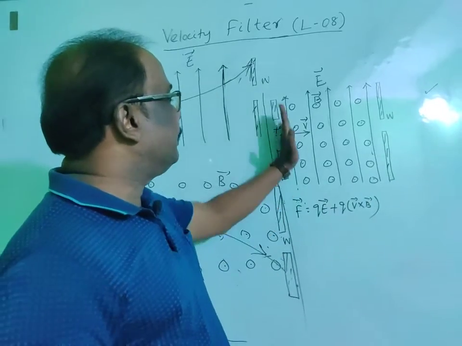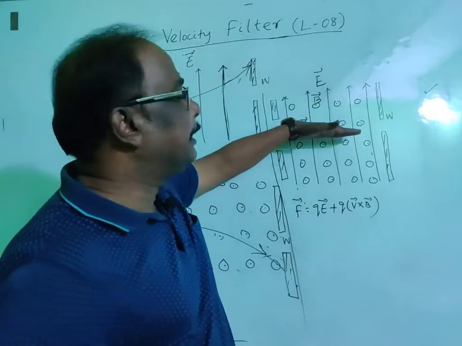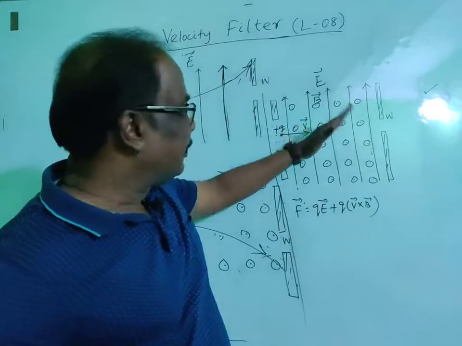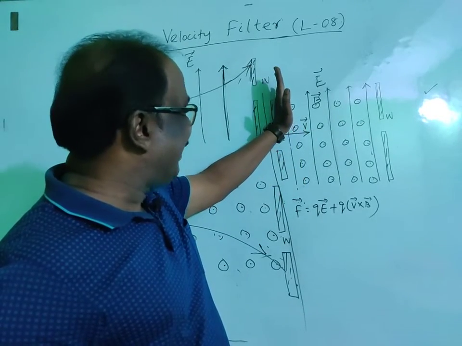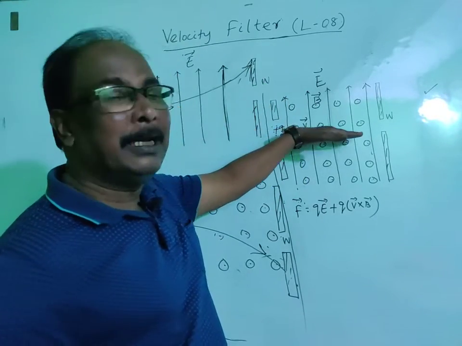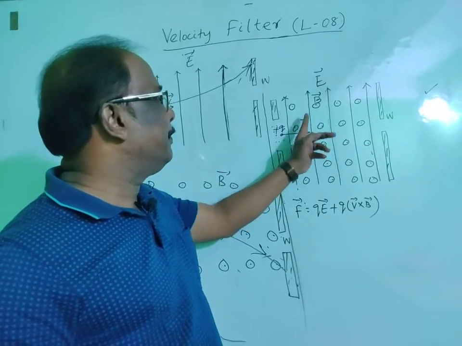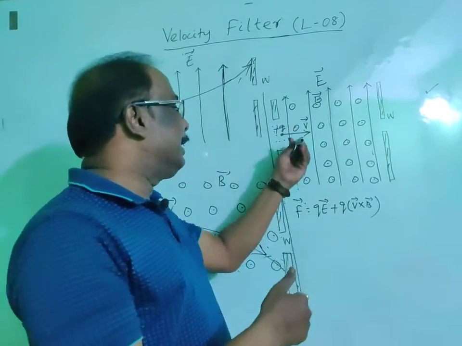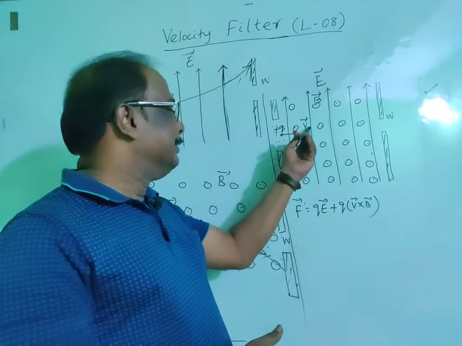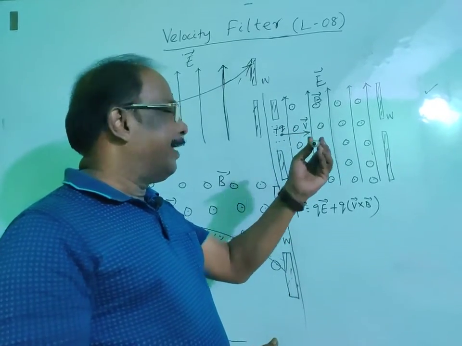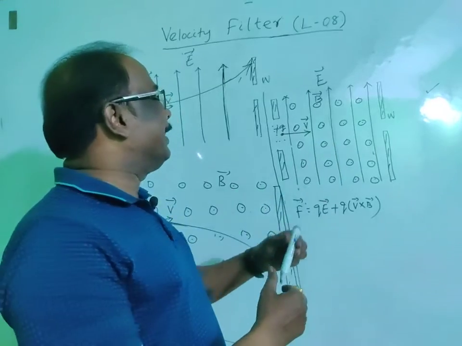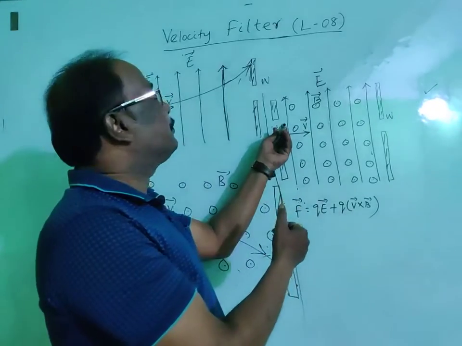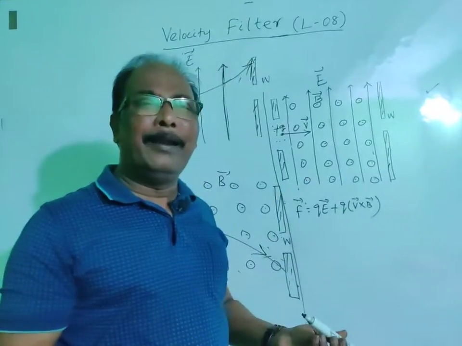Suppose the electric field is along the y-axis and velocity is along the x-axis. So the angle between velocity and electric field is 90 degrees, and the magnetic field is directed outward, so again the angle between velocity and magnetic field is 90 degrees.